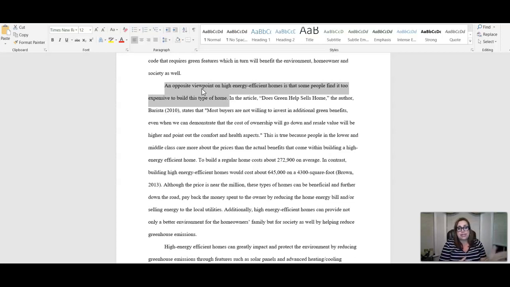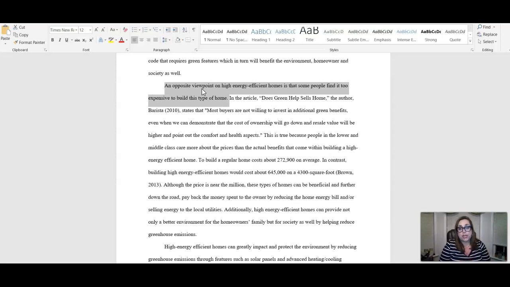So, as I've stated in other videos, a lot of times the opposing viewpoint or the opposition to this idea being implemented or this change happening, sometimes it has to do with cost because things are more expensive with the change. In his case, he was right. This would be the one thing with building a home. If you try to put in solar panels or certain energy efficient elements into a home, it makes the home more expensive to build.